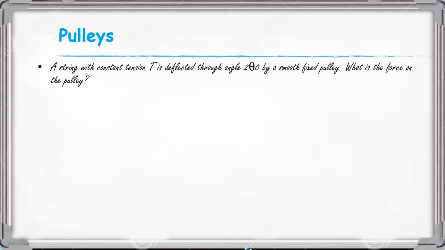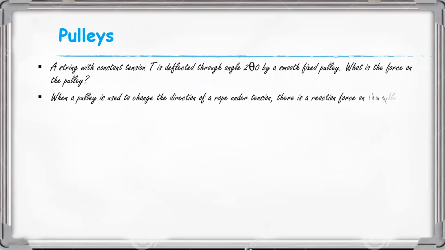Consider a string with constant tension T that is deflected through an angle 2 theta 0 by a smooth fixed pulley. What is the force on the pulley?